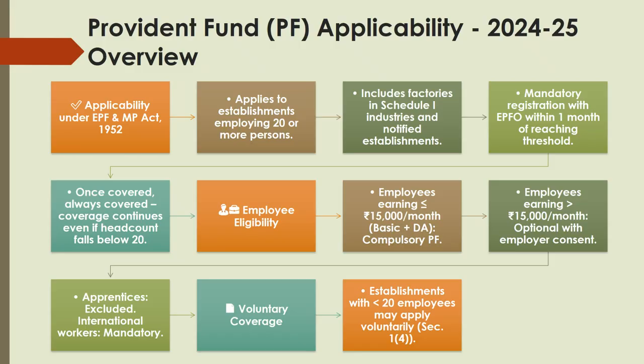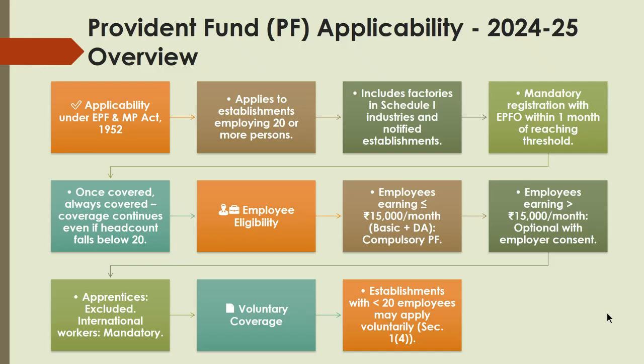Then, even though PF is mandatory if your total persons is more than 20, employees who have salary more than 15,000 per month, computed as basic salary plus dearness allowance, can opt out voluntarily by giving a declaration.